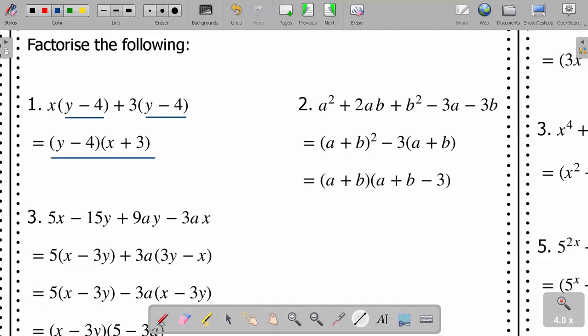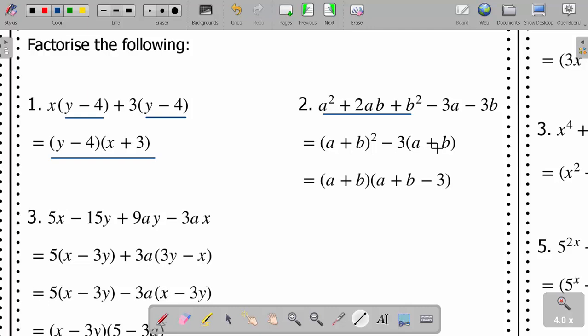Hope you're together. Now another one is a squared plus 2ab plus b squared minus 3a minus 3b. Again, as you can see, this is a perfect square, like we said before, which is the same as saying (a plus b) squared minus 3 into (a plus b). Here I took out minus 3.